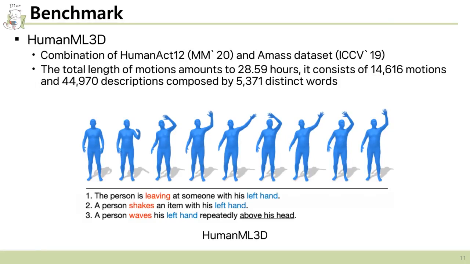These text descriptions are detailed enough to map directly to specific human movements. For example, a description like "a person raises their left arm above their head" corresponds to a precise motion sequence. This dataset is ideal for training and evaluating text-to-motion generation models like ParCo.